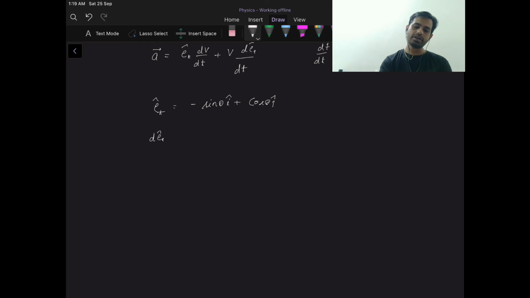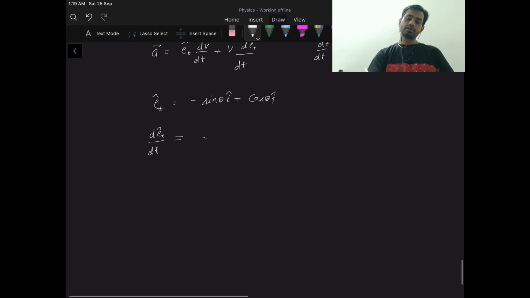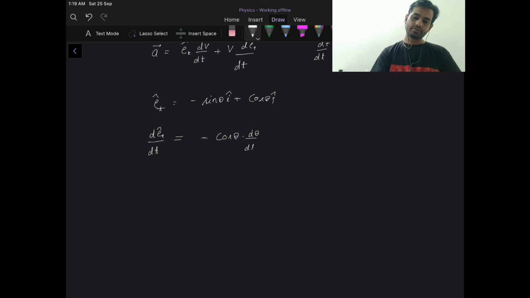This det cap divided by dt can be written as minus of the differentiation of sine theta, which is cos theta into d theta by dt, this I cap, plus what is the differentiation of cos theta?